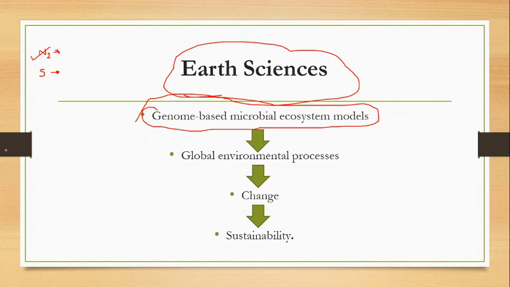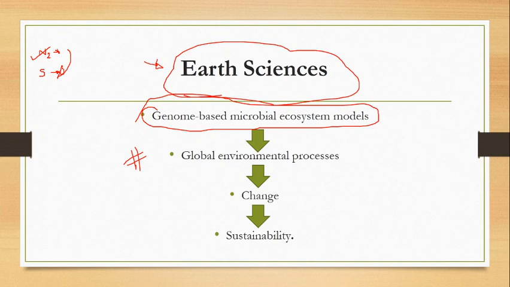The knowledge of those things will give us a true idea of earth science, how these cycles work in coordination and how effectively we can manage them. Okay, so this is the first area where metagenomics can be helpful.